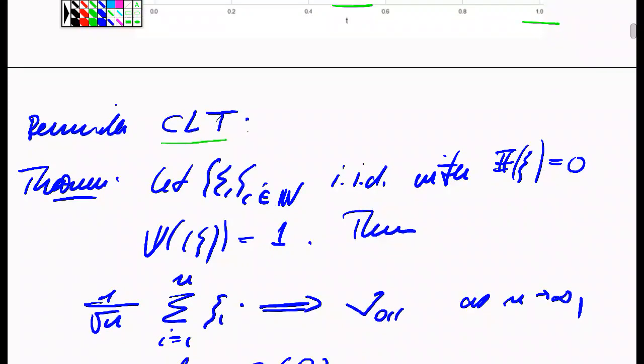It goes as follows. Suppose you have a sequence of IID random variables which have expectation 0 each, and which have, say, variance 1.